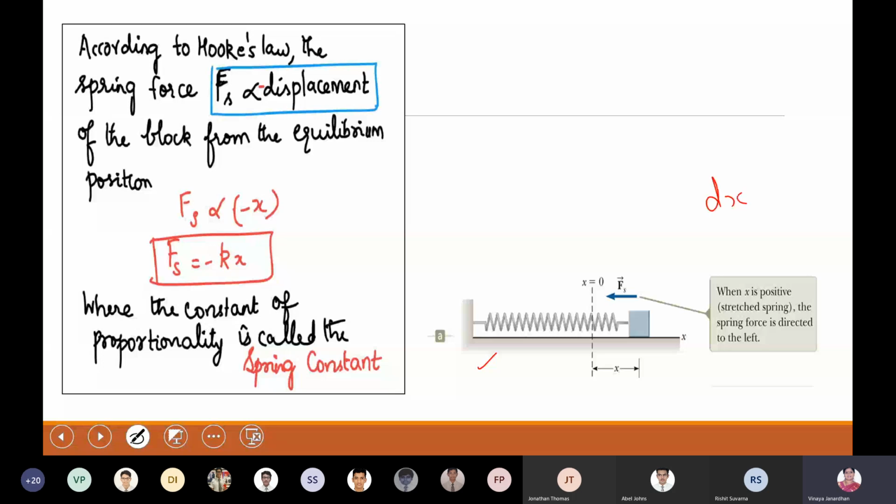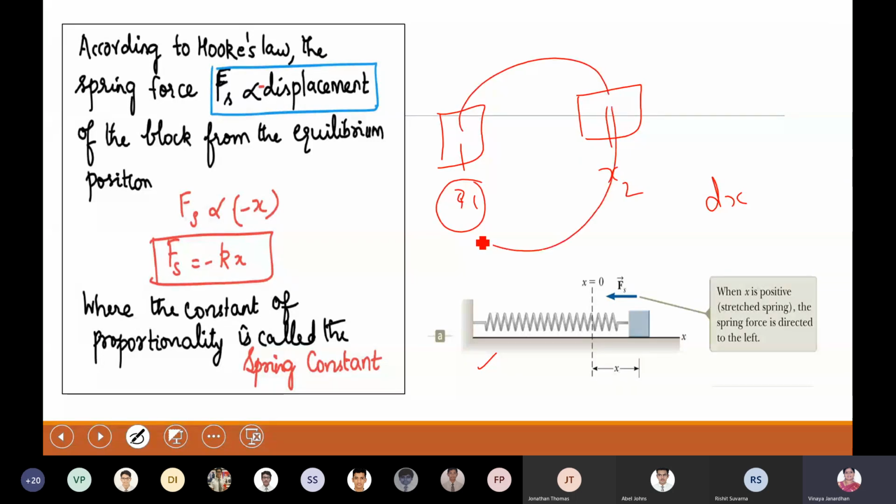Again, I'm repeating, your aim is to find the work done by the spring force when the spring initially occupies position x1, moves to x2 and comes back to x1, one complete cycle. If you prove this work done to be 0, then you can say your spring force is a conservative force.